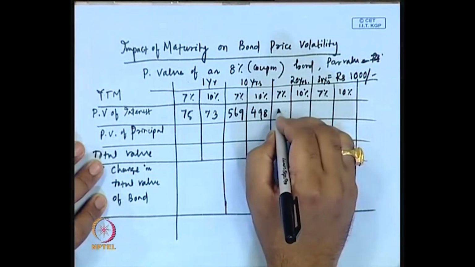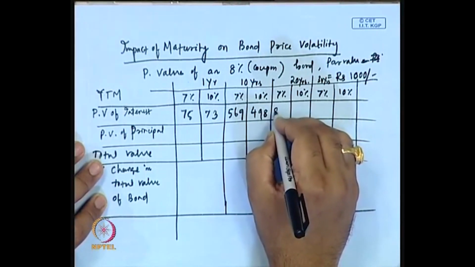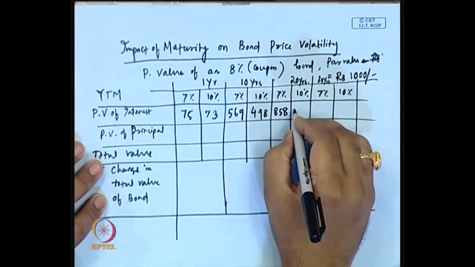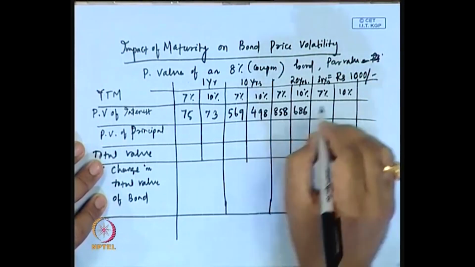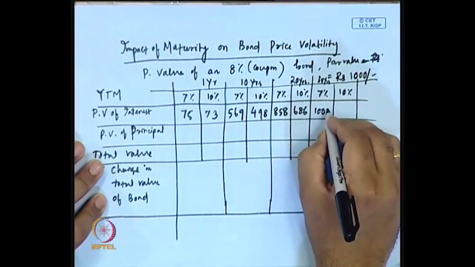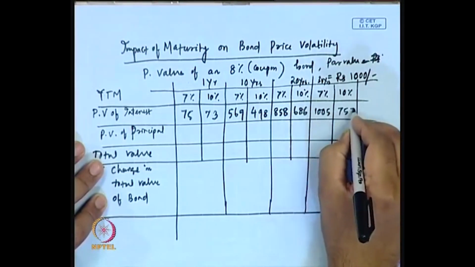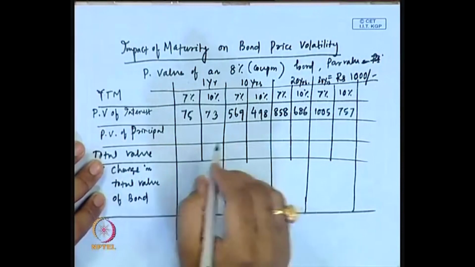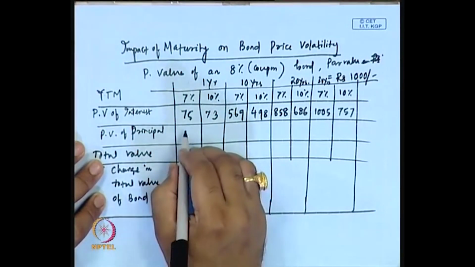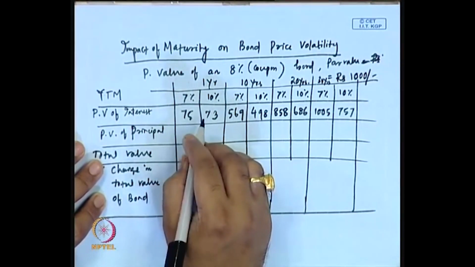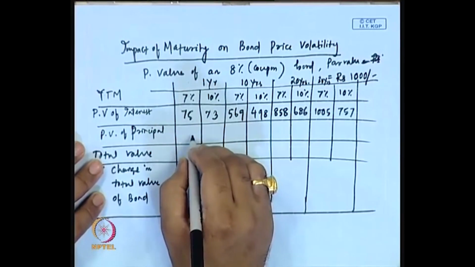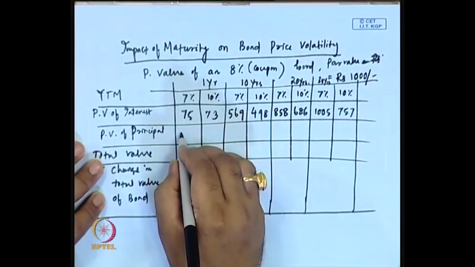For 20 years, if you discount it, you will get 858, this will be 686, this will be 1005, this will be 757. If you calculate the present value of the principal amount, it is 1000 rupees, the par value that you have.